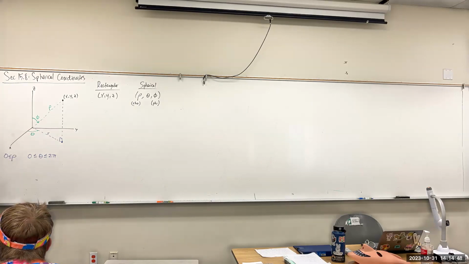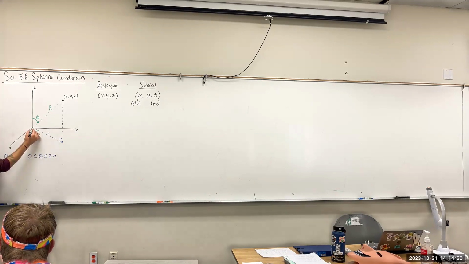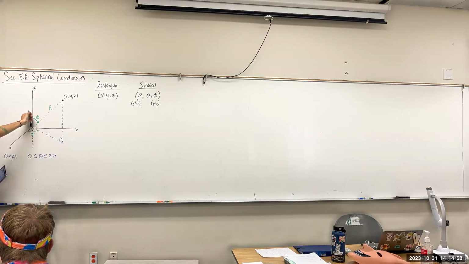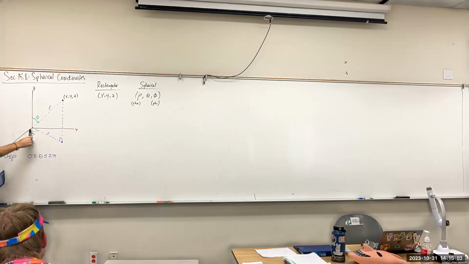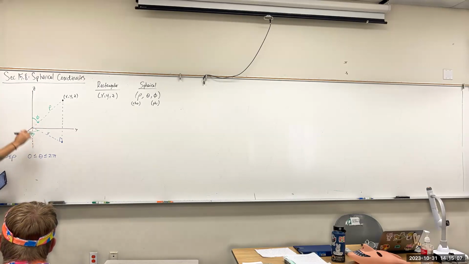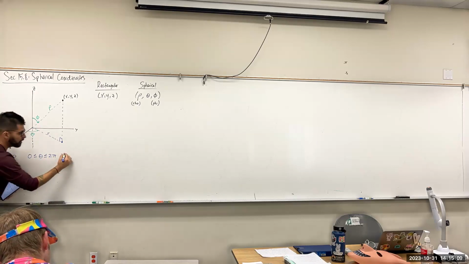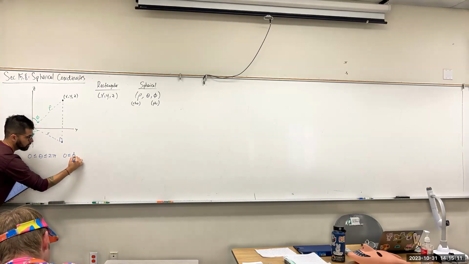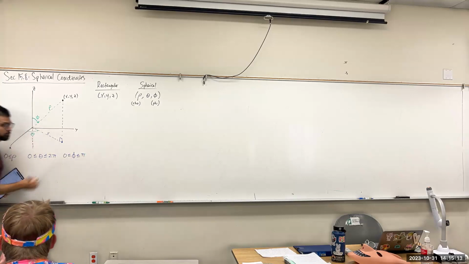But phi, I keep saying rho. Phi can only rotate from the positive z-axis towards the negative z-axis. How much angle rotation is that? Only pi. So phi can only go from 0 to pi.